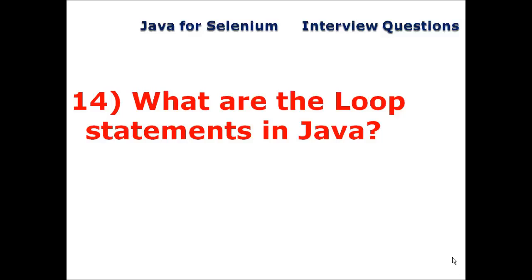Next, what are the loop statements in Java? Whenever we want to execute a block of statements multiple times, then we use loop structures. There are 4 types of loop structures in Java: for loop, while loop, do while loop, enhanced for loop.